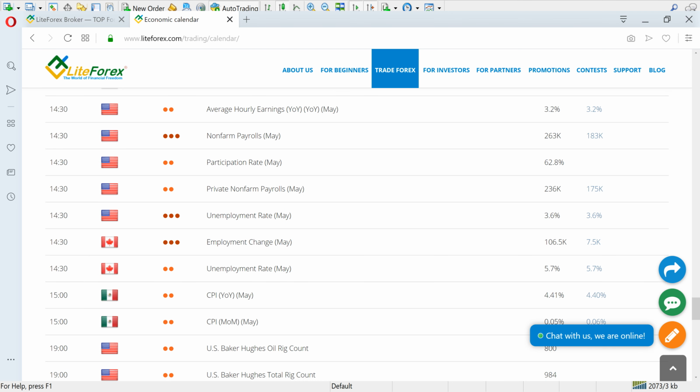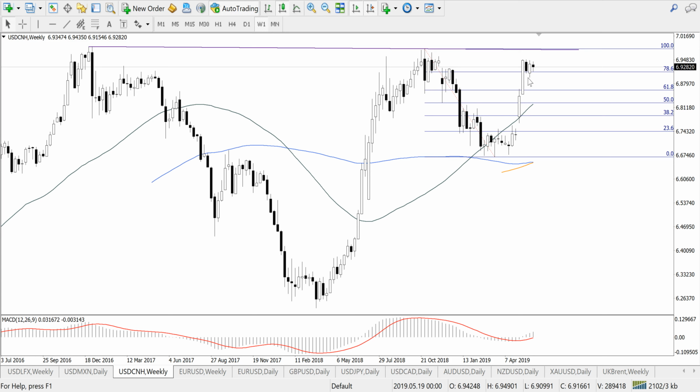We return to the charts to have a look at the chart of the US dollar versus the Chinese yuan. We can see that after the USD strengthened significantly, it is now consolidating.